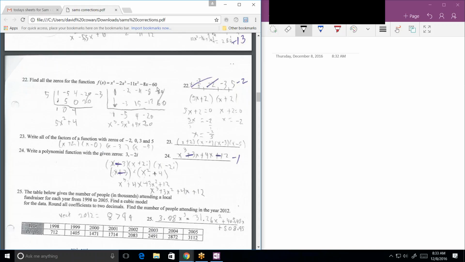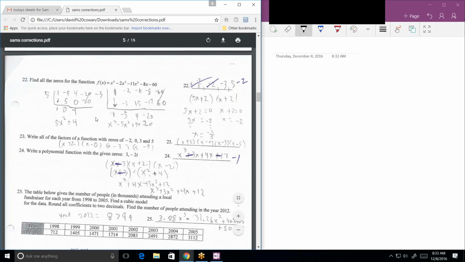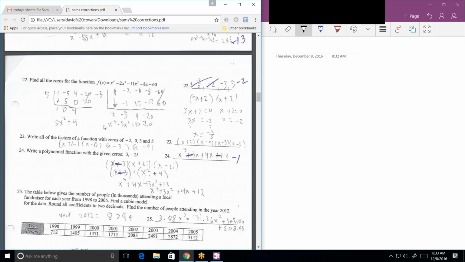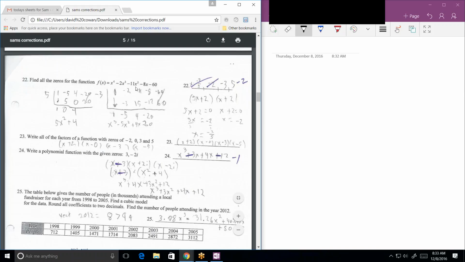Well, you can imagine how many factors of 60 there are. And each one of them is a possible zero. So I would have to take each one of them by trial and error, synthetically divide, and see if I produce a zero. That's why it's a 20-minute problem. If you can do it in your calculator, do it, because then all you have to do is get that function in your calculator, and your calculator will tell you the zero.